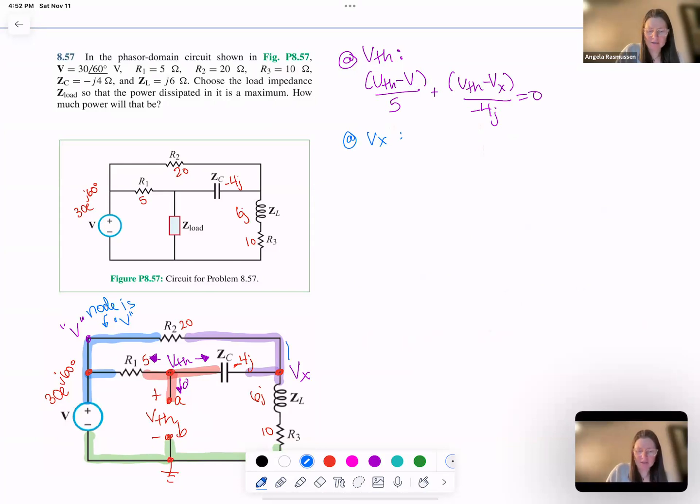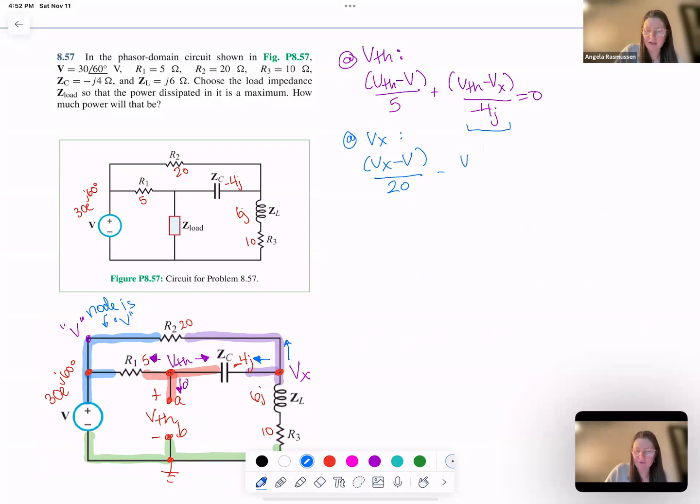And then at Vx, I get this current here, which is going to be (Vx minus V) over 20. And then this current here, notice that it's opposite the current that's purple. So I can either write that term and take the negative of it, which was expressed here, (VTH minus Vx) over minus 4j, or I can just rewrite it.